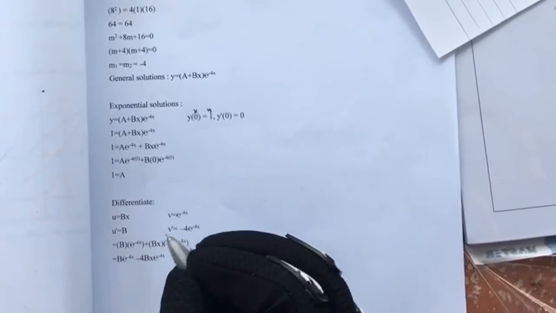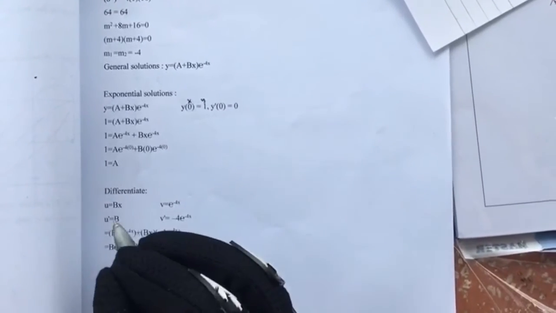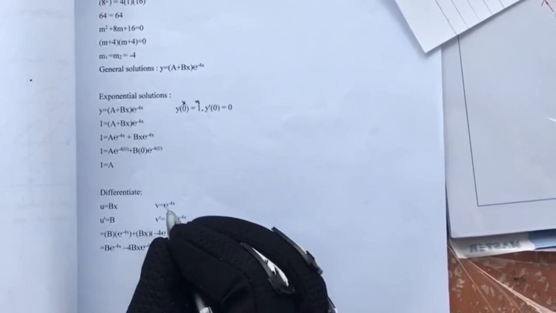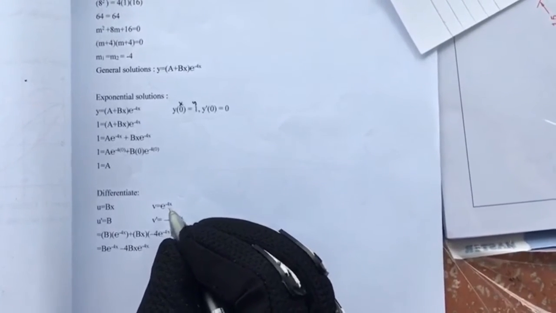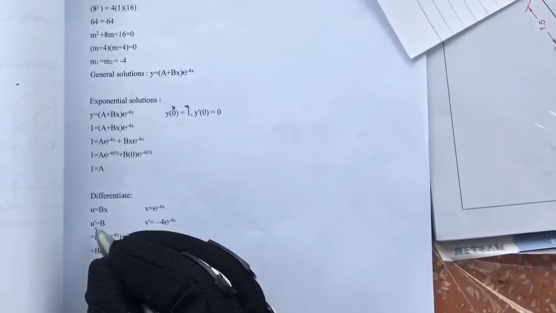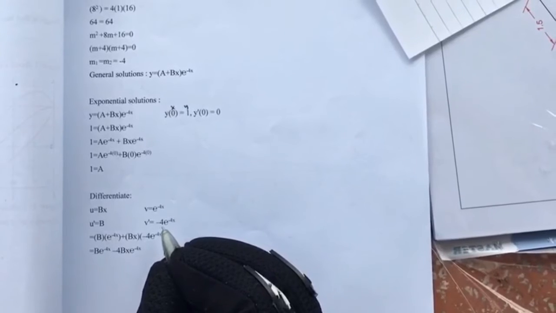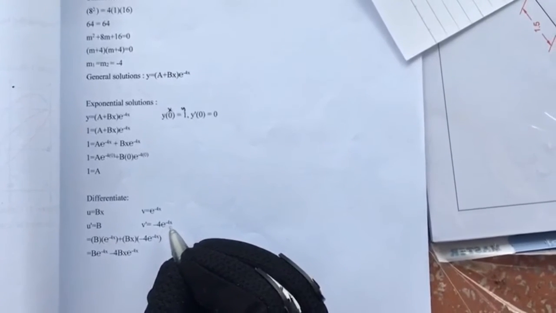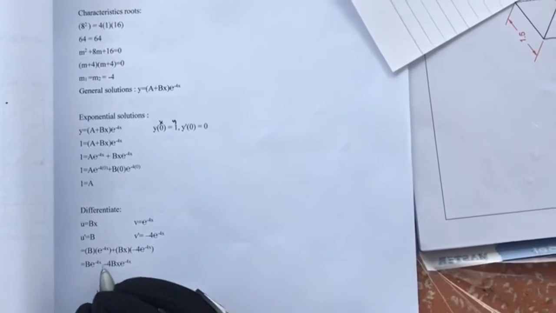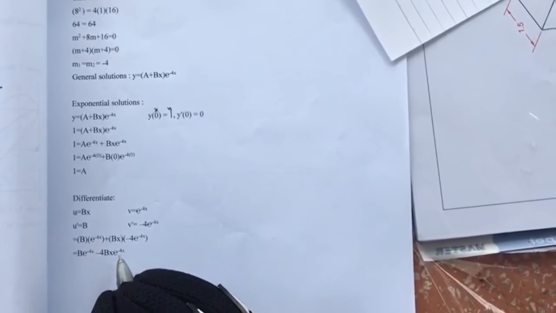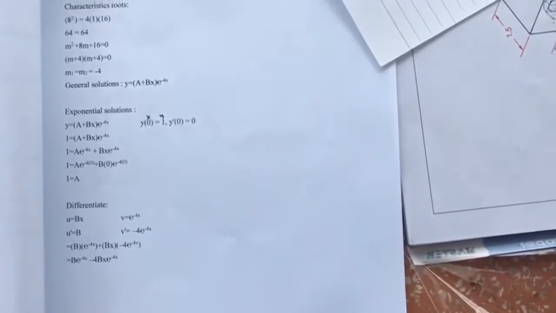Then we differentiate. Let u equal to Bx and v equal to e^(negative 4x), so u prime equals B and v prime equals negative 4e^(negative 4x). After we differentiate, we get Be^(negative 4x) minus 4Bxe^(negative 4x).